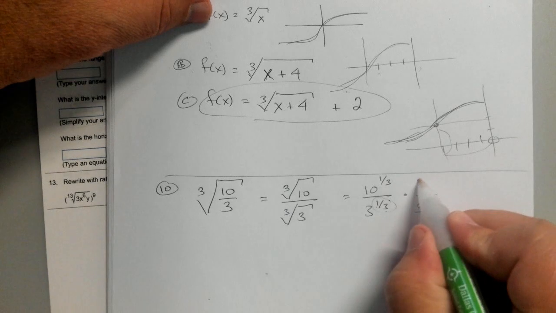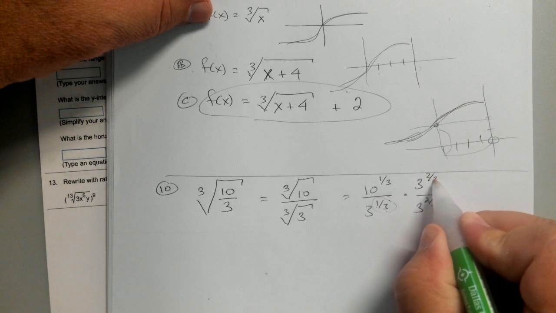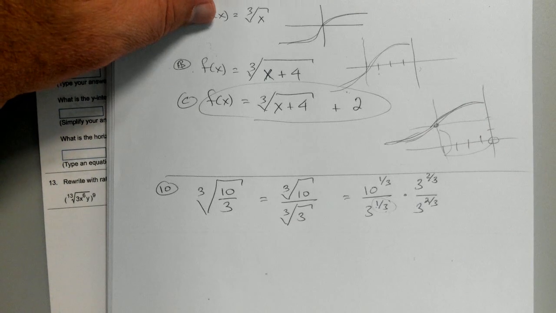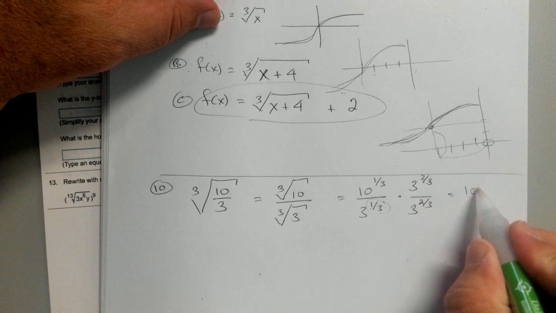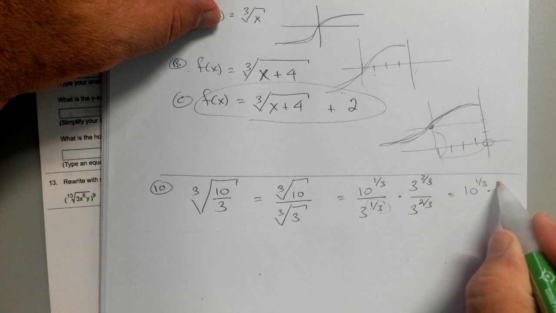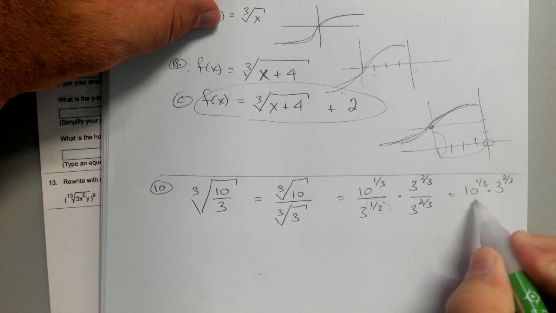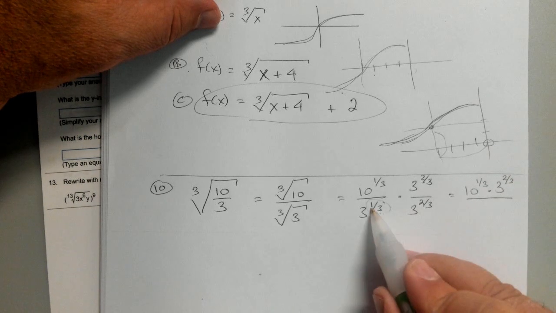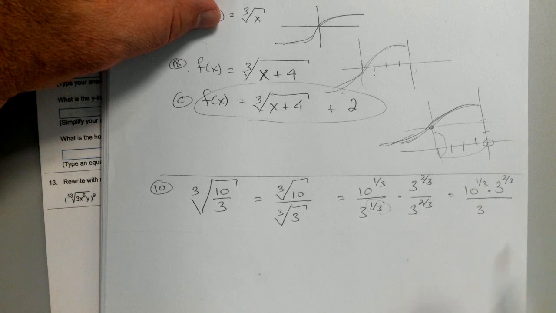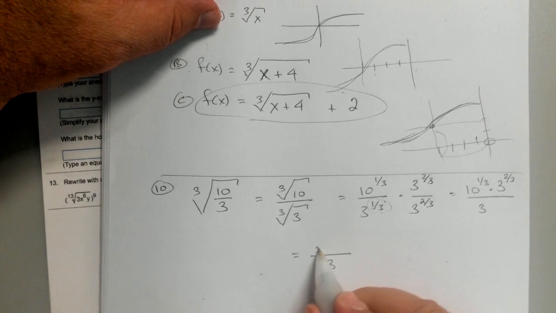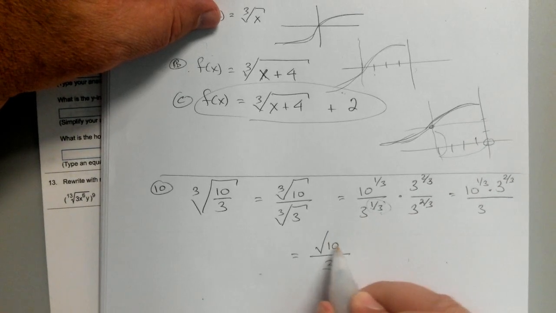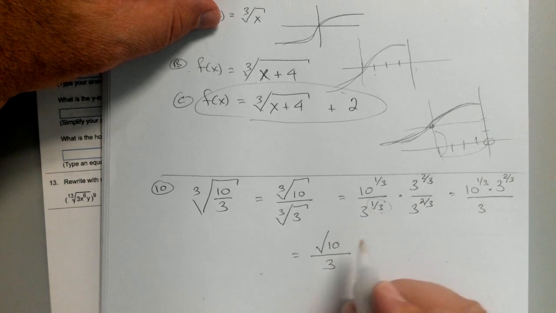So we multiply top and bottom by 3 to the power 2/3. On the bottom we have 1/3 plus 2/3 is 3/3, which is 1. So it's rationalized. On top, what do we have? We have 10 and then 3 squared.